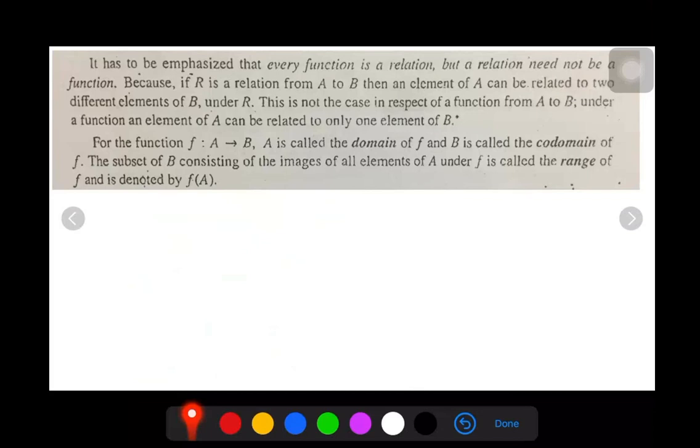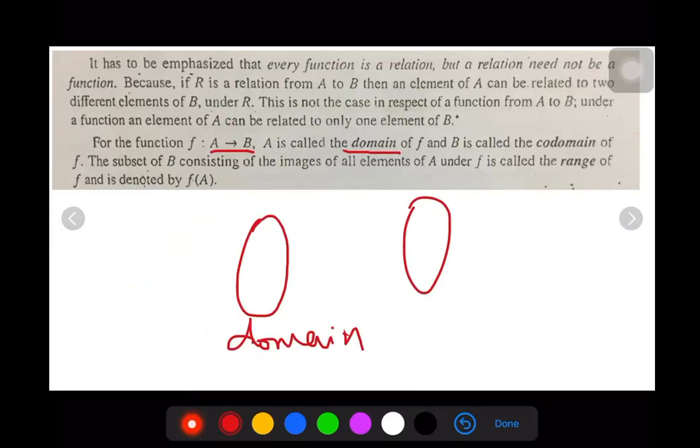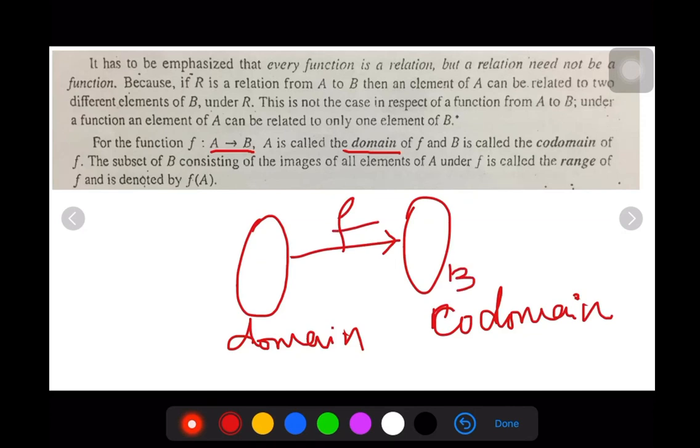For the function F from A to B, A is called the domain and B is called the codomain of F. The subset of B which consists of images of all of A, because elements of A are getting mapped to elements of B, and either a few elements or all elements of B may be mapped.